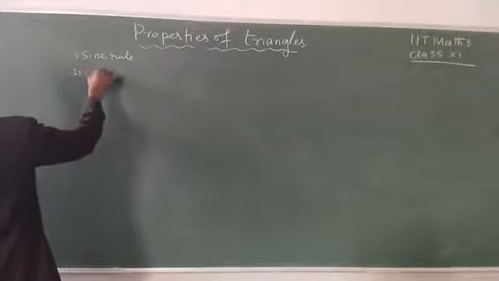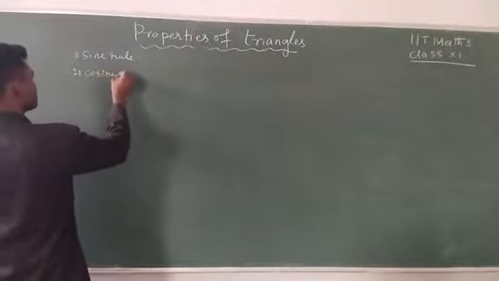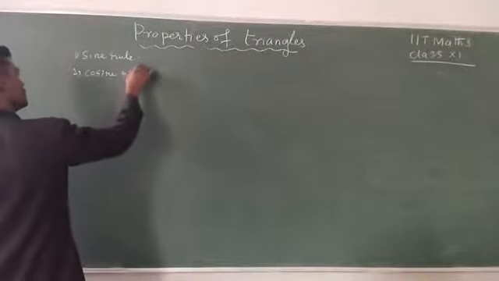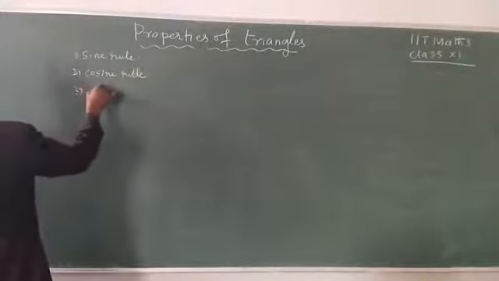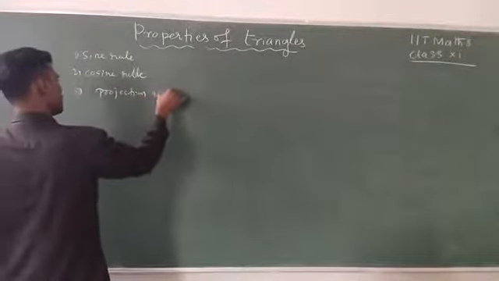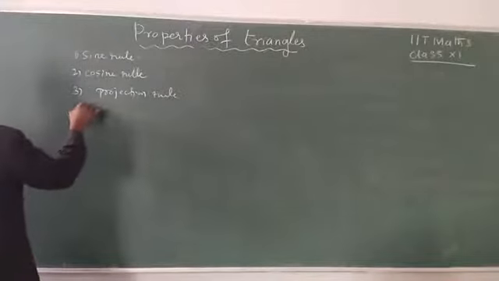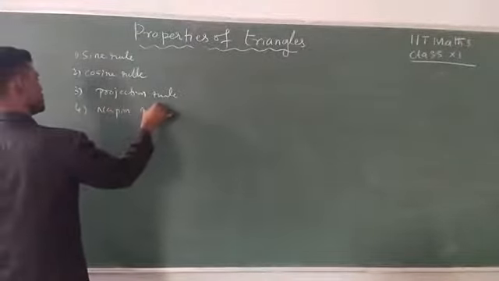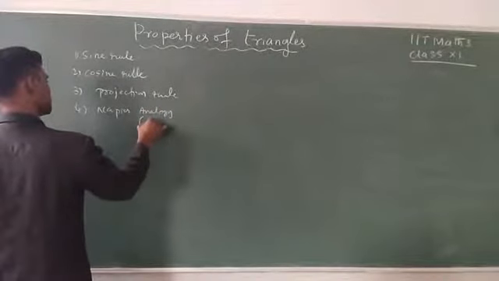Second one is the cosine rule. Next, the projection rule, or next one is Napier's analogy or Napier's tangents.